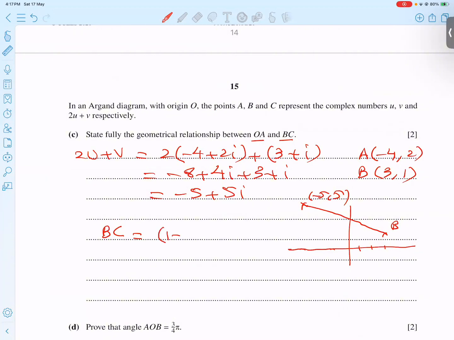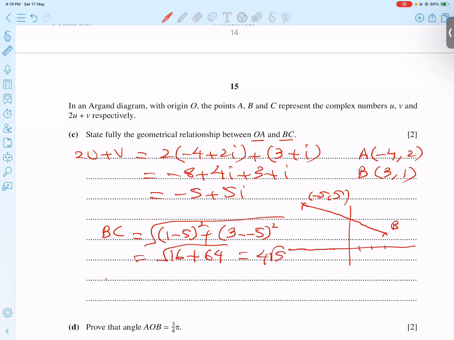So 1 minus 5 whole square, and this minus this whole square. Here I got 4, and I got 16, and here I got 8, 64. If I find it, it's becoming 16 plus 64, 4√5.